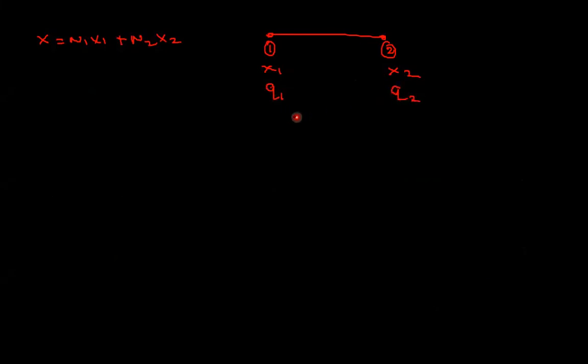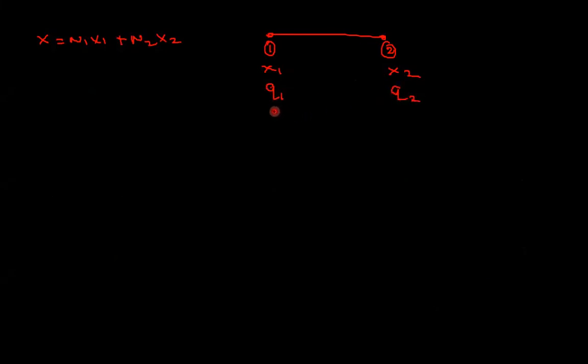One is called the displacement function, and the second one is the x variable. So I have expressed that x is equal to N1 x1 plus N2 x2 for a simple bar element. The bar element has nodal number 1 and nodal number 2. At nodal number 1, x1 is the geometrical coordinate, and at nodal number 2, x2. At nodal number 1, q1 would be the displacement, and at nodal number 2, q2 would be the displacement.